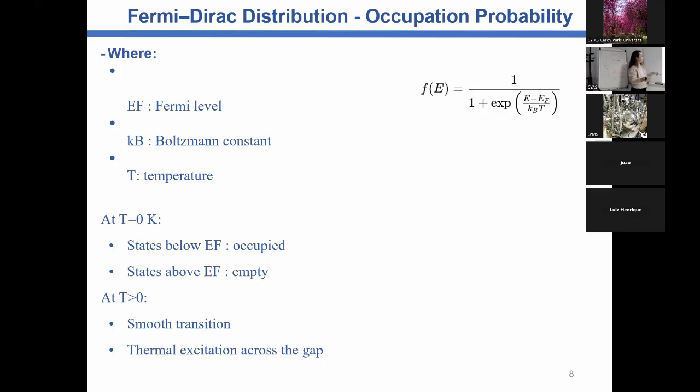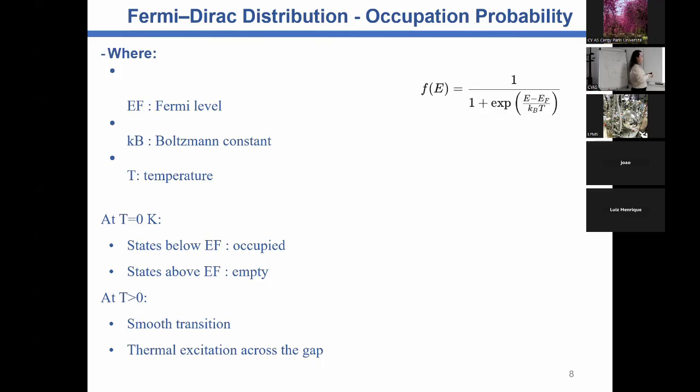It's temperature dependent. At 0 K, all the states below the Fermi energy are totally occupied, and above the Fermi energy, these states are empty. So this will give us the fundamental basis of conduction.